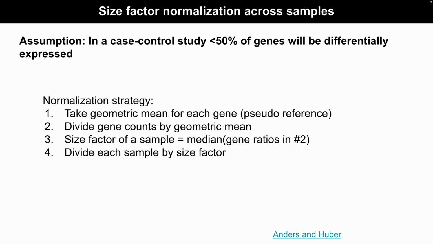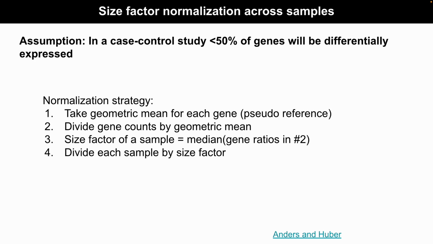There's no change there, right? So if you take the middle value, then that essentially is a factor telling you how different this sample is from a pseudo reference sample. And that is a measure of by how much my entire set of genes is deeply sequenced or under sequenced as compared to my reference sample.